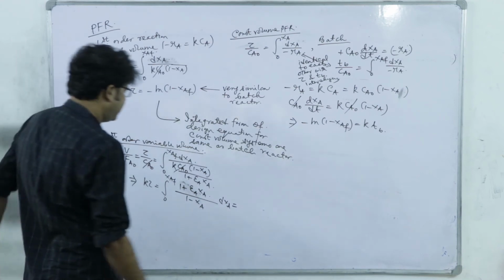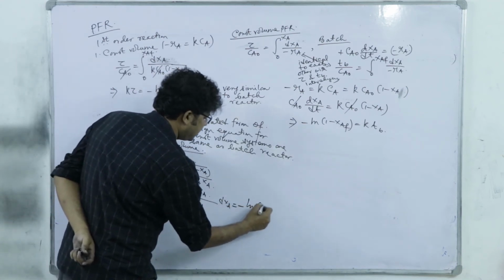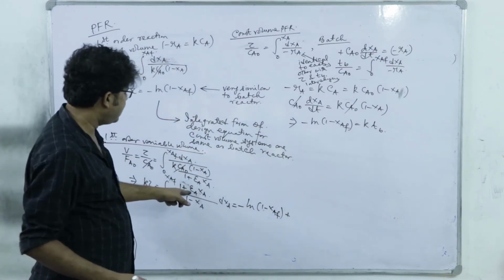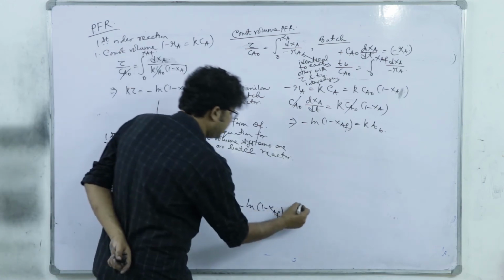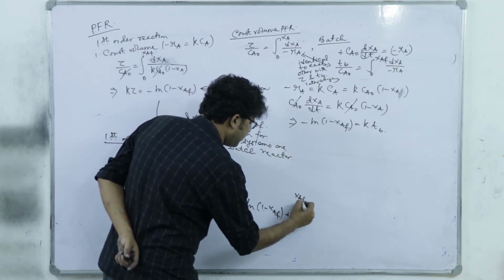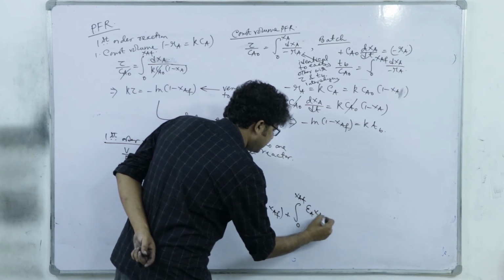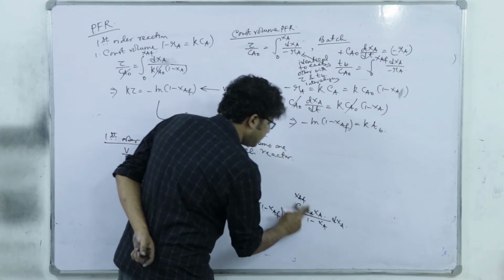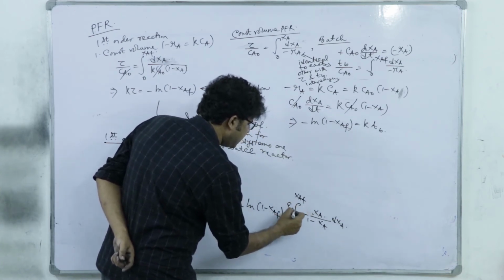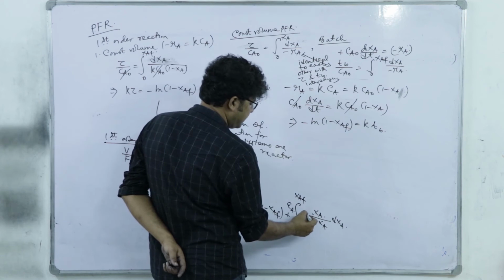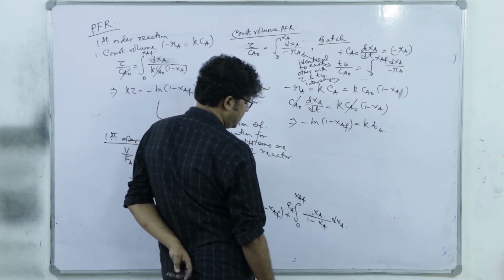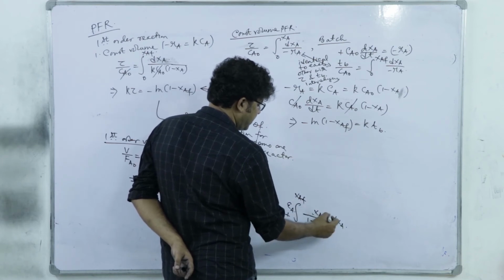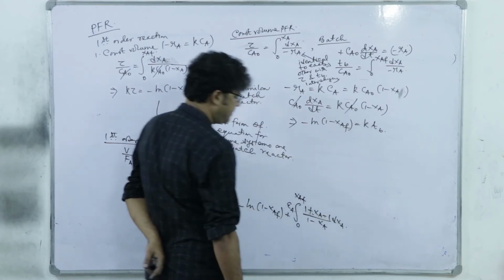So after the first integration we will have minus of ln 1 minus Xaf plus epsilon A times the integral 0 to Xaf of Xa by 1 minus Xa dXa. So epsilon A we can take out, and we write minus 1 and 1 plus.